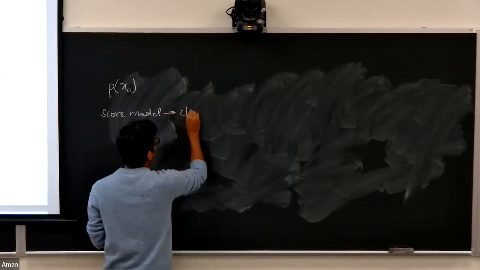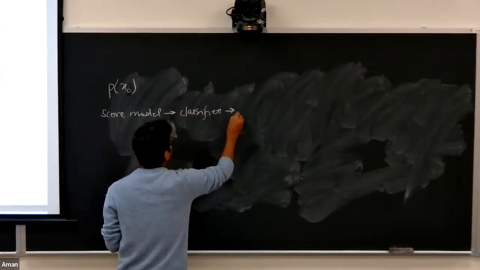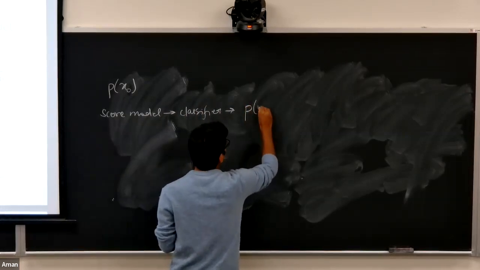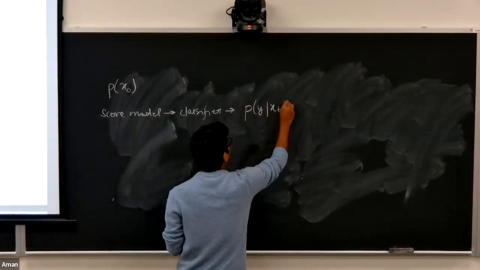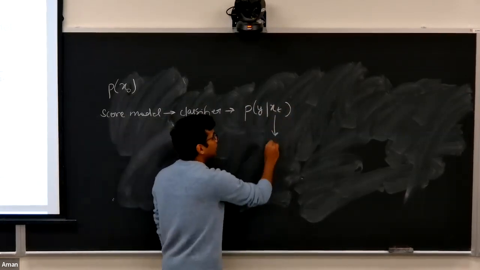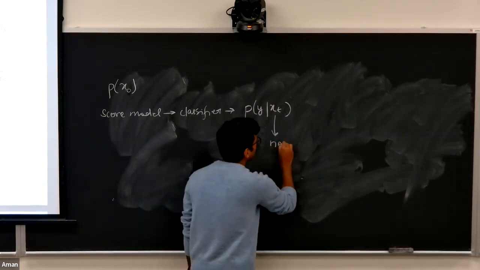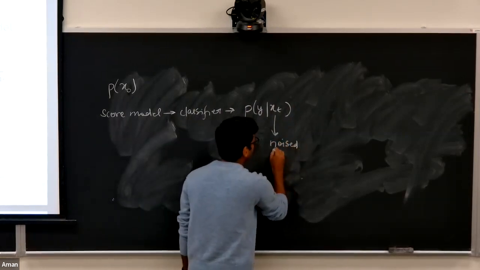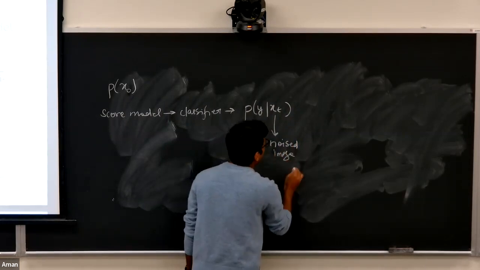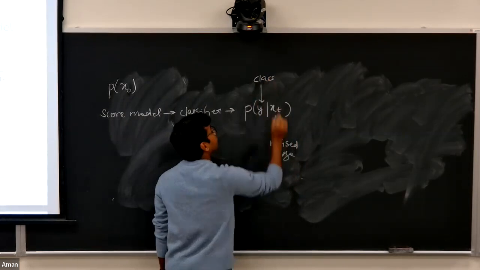I'll call it the classifier model, P of y given xt. What does this mean? It takes in an image at the time step t, which is a noised image, and tries to predict the class of that image.